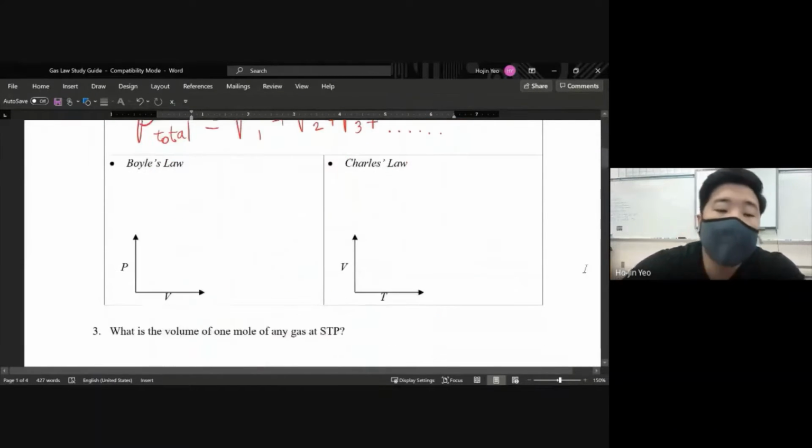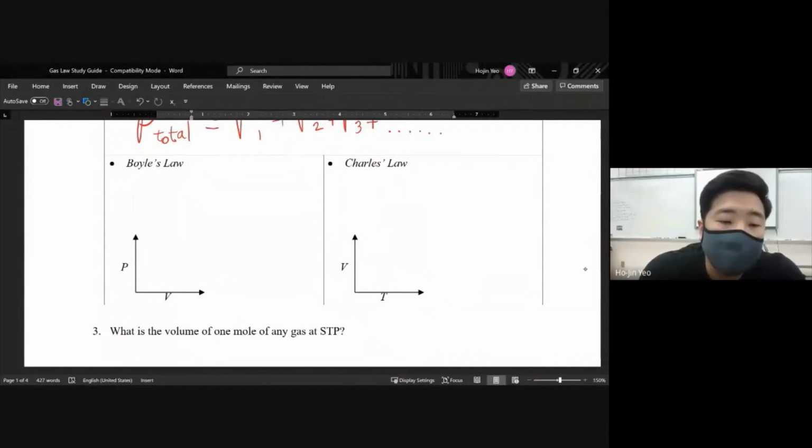Now we have Boyle's law. Boyle's law contains pressure and volume, so we have P1 V1 equals P2 V2.